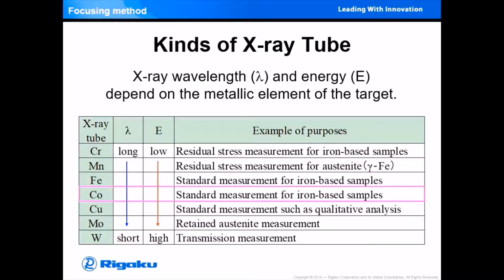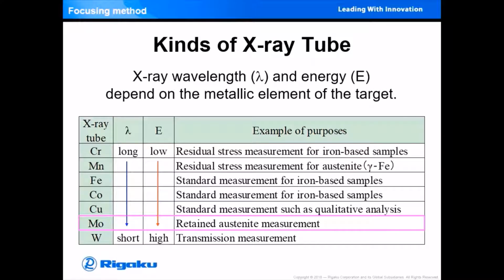A cobalt X-ray tube is also used for the iron-based samples, and you can get data of high peak intensity and P/B ratio if you can use a monochromator. The next, copper, is the most common X-ray tube, and is used for standard measurements such as profile measurement, qualitative analysis and other applications.